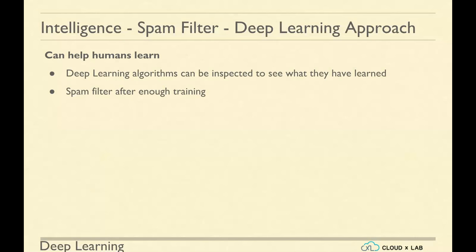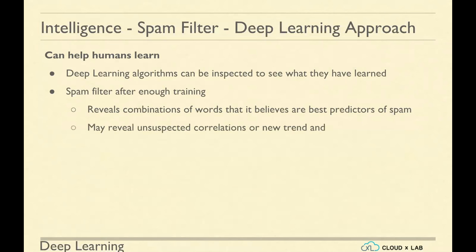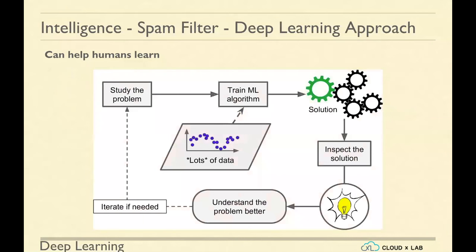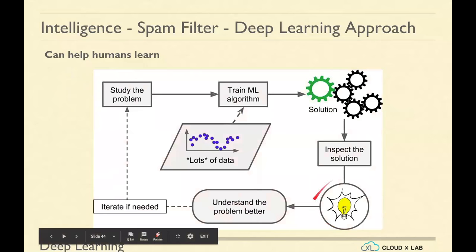Spam filters after enough training could reveal combinations of words that it believes are best predictors of spam, and may reveal unsuspected correlations or a new trend. It could lead to better understanding of the problem for humans. It can augment our understanding of the problem.